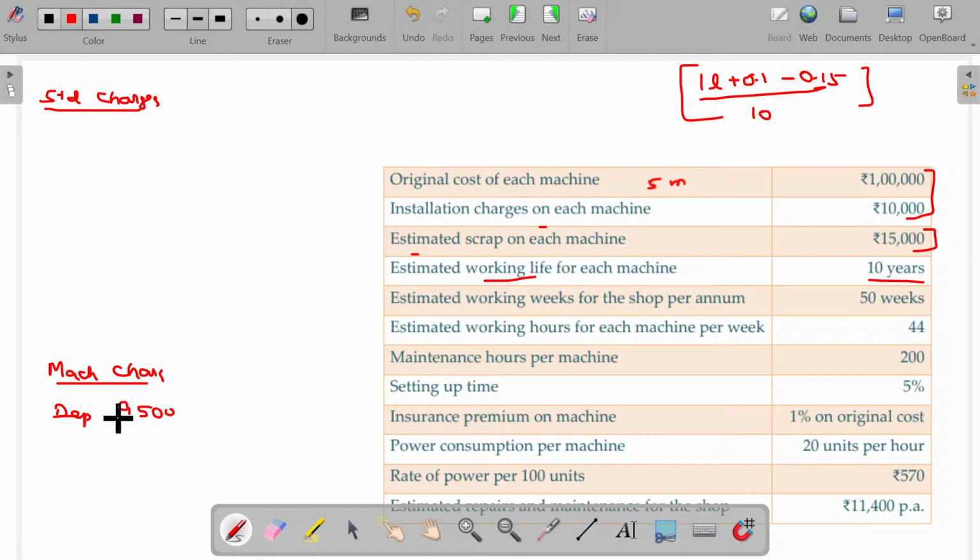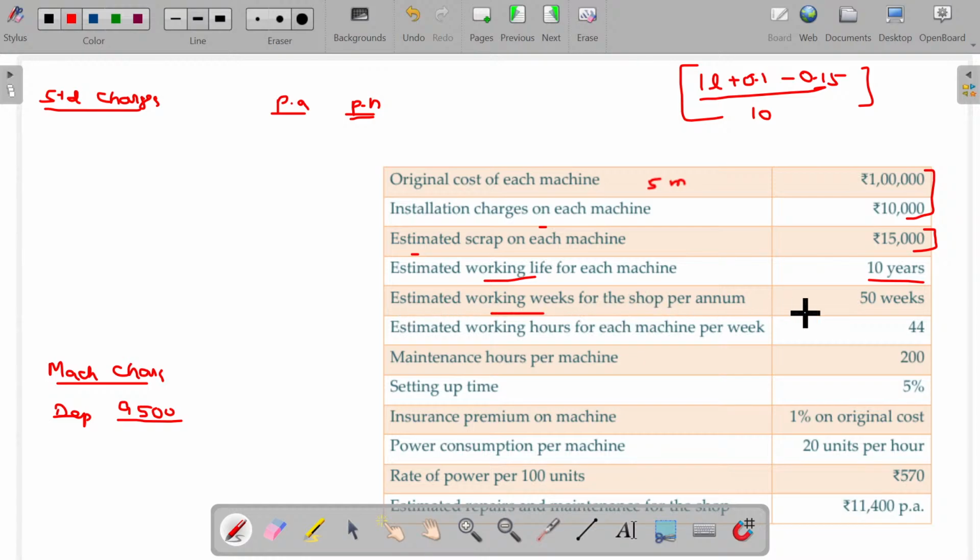Usually depreciation will be calculated on a per hour basis. This is per year and we need to know per hour also. Machine charges, being variable in nature, will be calculated on a per hour basis. Rest of the things will be calculated per year or per semester or per month. That's your choice. I'm not aware of the hours here, so I'll keep it pending as it is.